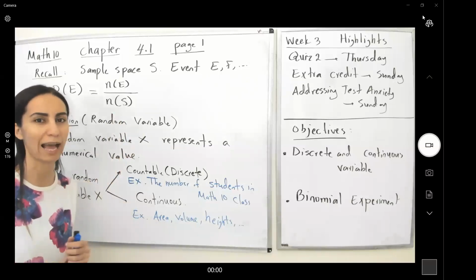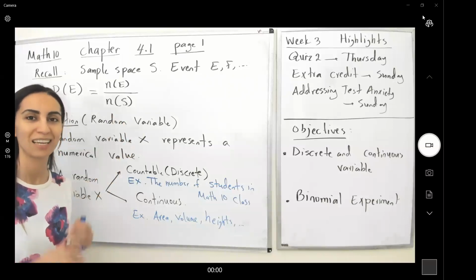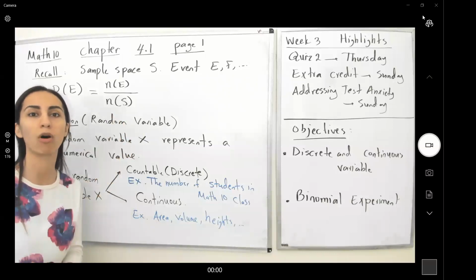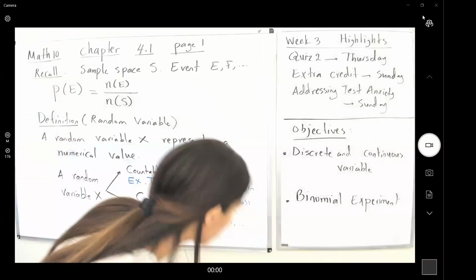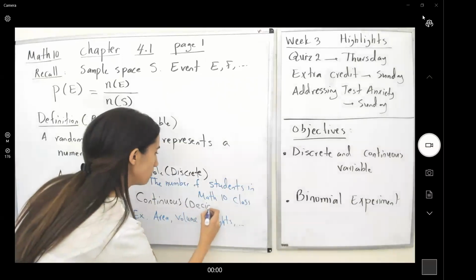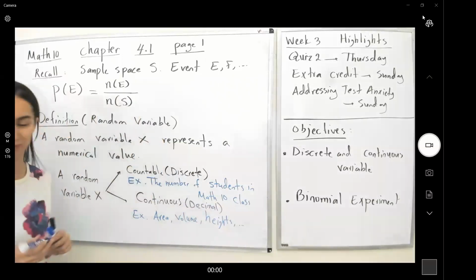Continuous, you cannot actually count them. It's usually represented by decimal numbers. So let me write this for you here.